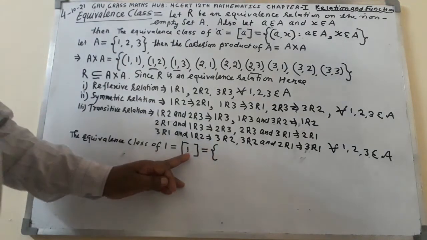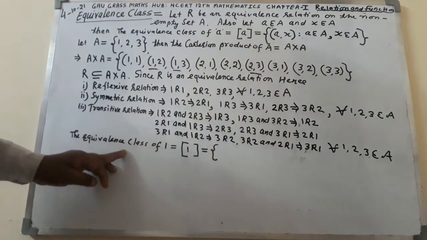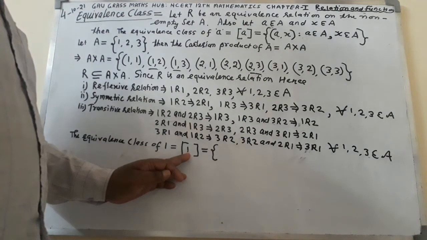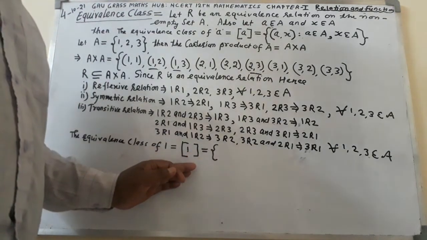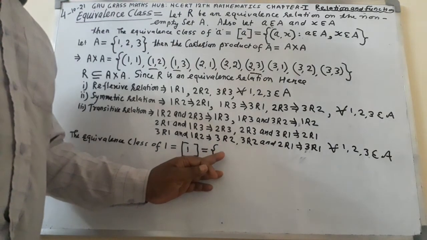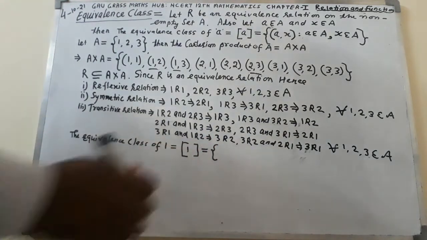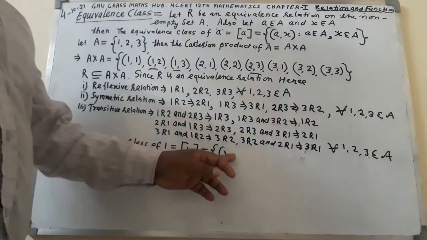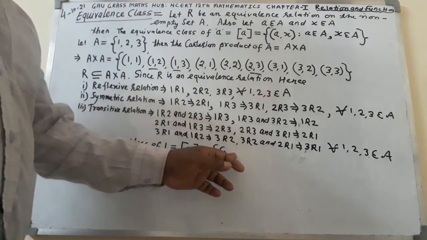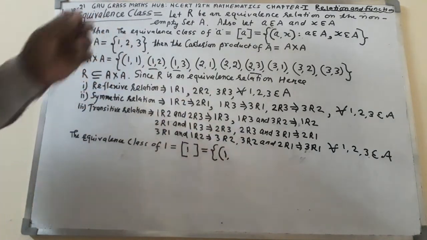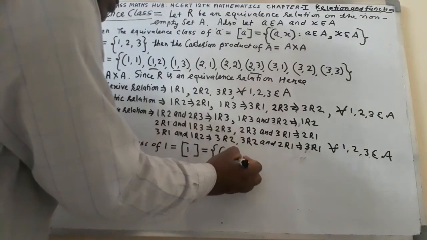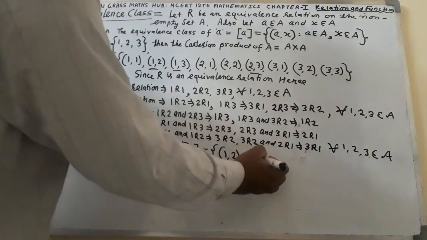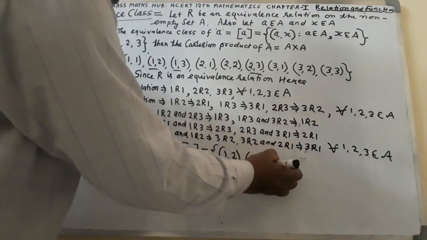Here 1 is there. So as per the general definition of equivalence class, the digit given inside the square bracket must be reflected as the first element of the ordered pair. So here in the ordered pair, one element will be fixed. Then the second element of the ordered pair must be taken from the set A. Set A, so 2, you can take here 2. Next ordered pair will be, first element will be 1, second element will be 3. Curly bracket close.